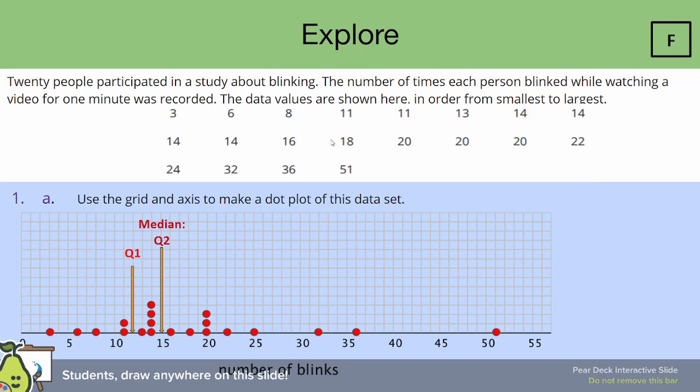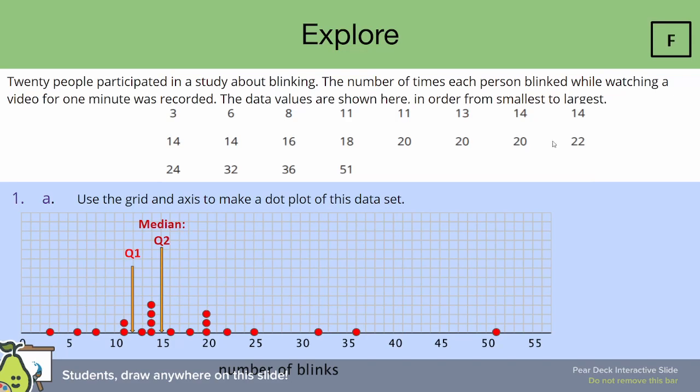So 16 is 1, 18 is 2, 20 is 3, 20 is 4, 20 is 5. 22 is 6. So what that means is between 20 and 22 has to be the median of the upper half, or of the numbers to the right of our second quartile.